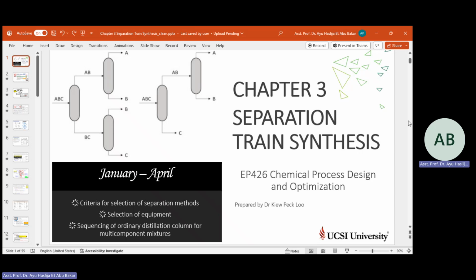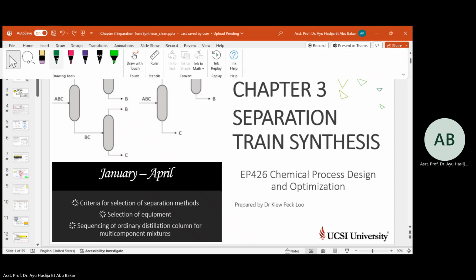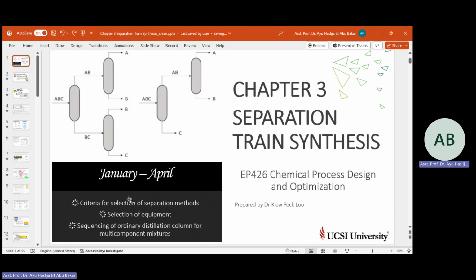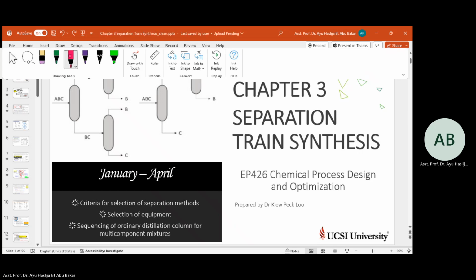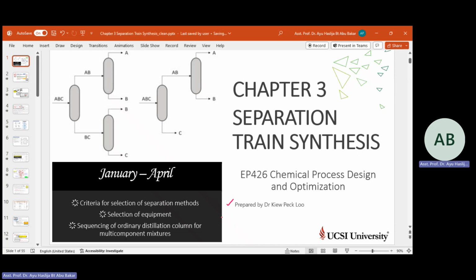So in this chapter, we will cover the criteria for selection of separation method, selection of equipment, which separation equipment you need to use, then how to sequence the ordinary distillation column for multi-component mixtures.